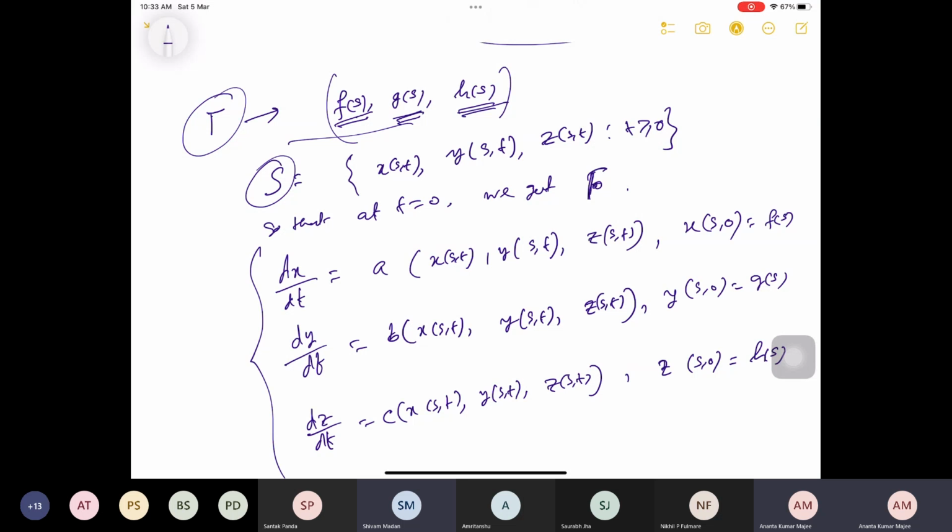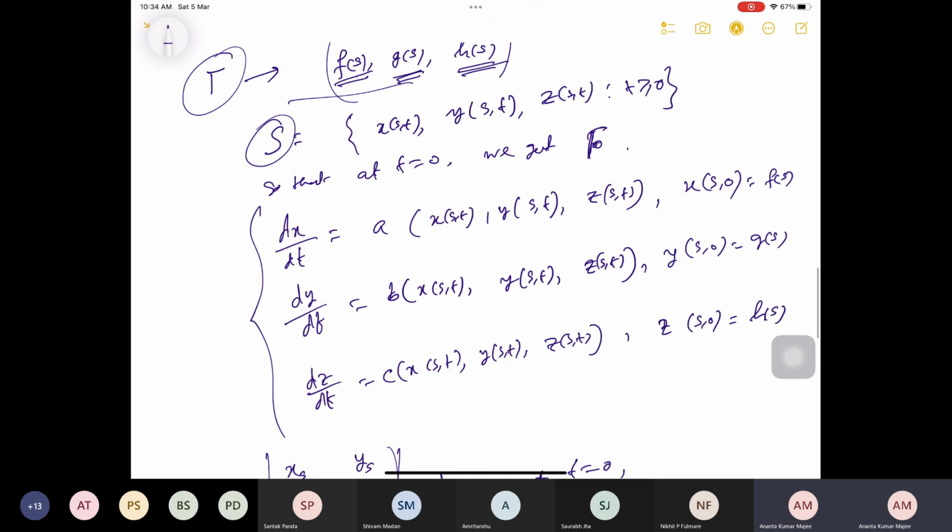Now what we have seen is that the vector v, which is (A, B, C), should be tangent to your surface. So naturally I can consider that dx/dt is equal to this equation, dy/dt is equal to this equation, and so on, with the initial condition given here, because it should be the same for t is equal to 0, which is the initial parameter.